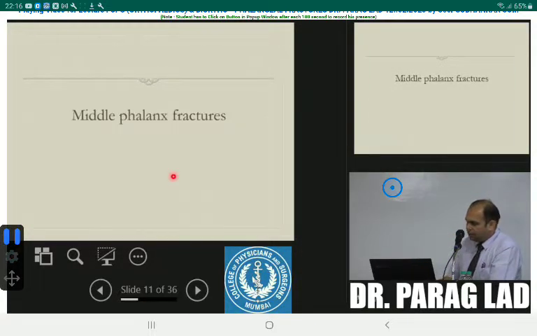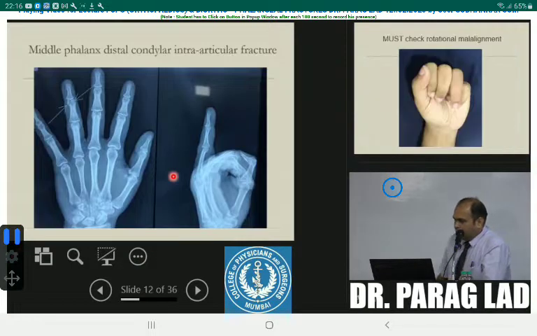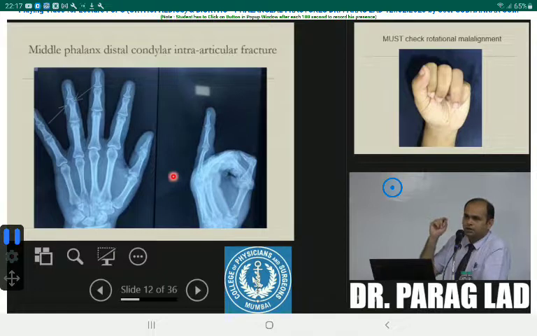Okay. Now let us take an example of a middle phalanx fracture. So can anybody tell what kind of fracture is this? Whenever somebody is asking you this question, first of all, please switch on the button of your brain. This is a fracture around the joint. That is number one classification.